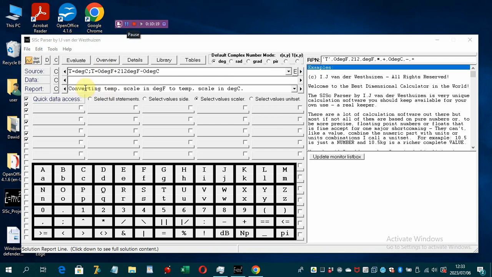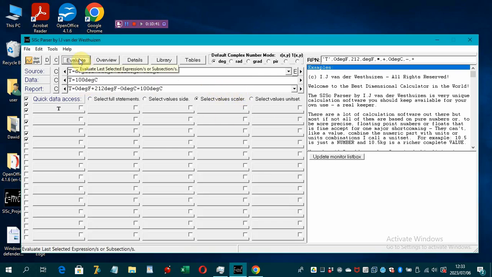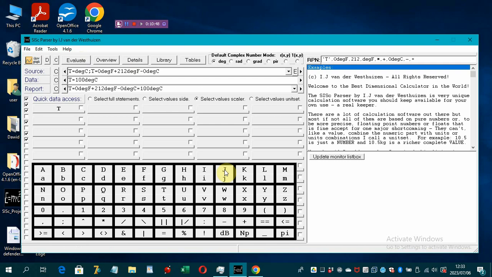Here we can convert the temperature scale in degrees Fahrenheit to the temperature scale in degrees Celsius. And the answer should be 100 degrees Celsius, because 212 degrees Fahrenheit is 100 degrees Celsius in temperature scale. So let's see. You see, that's correct. I'm going to put that in parentheses just for clarity.